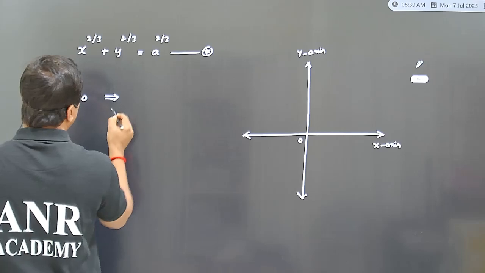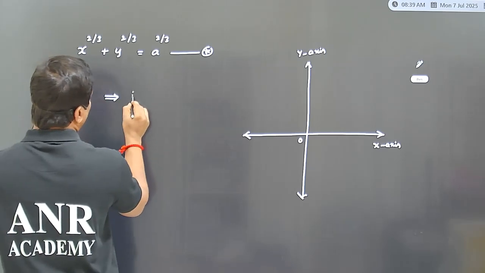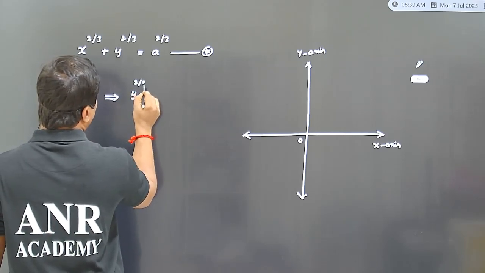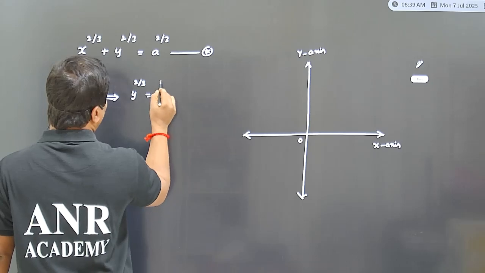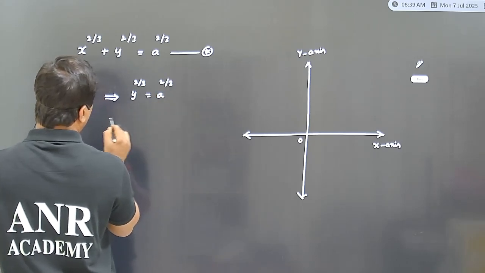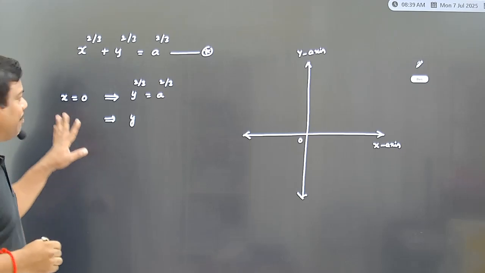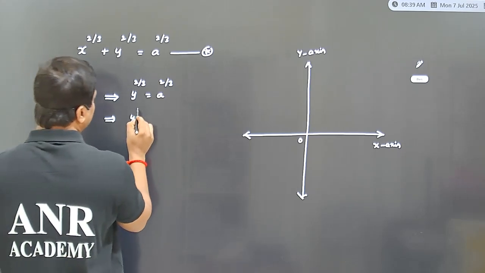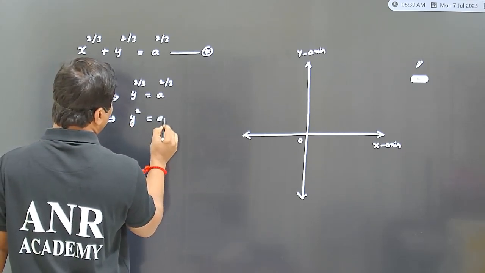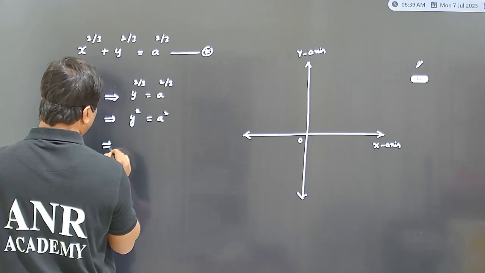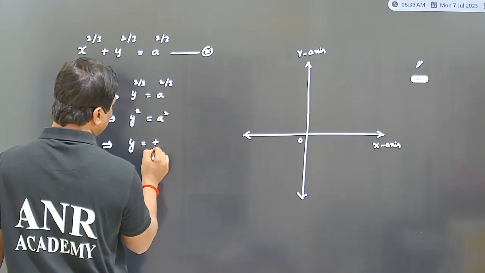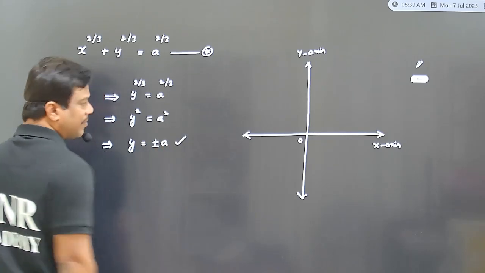When x is 0, what happens? Observe, y^(2/3) becomes a^(2/3), which implies, neglecting the power 1/3 on both sides, we get y squared equal to a squared, and hence the value of y equals plus or minus a.